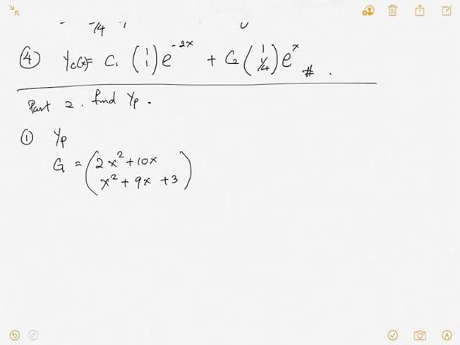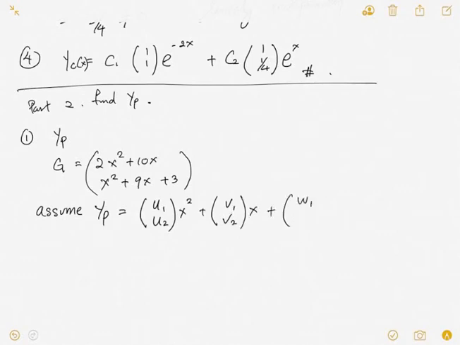So you assume YP is equal to U1, U2 x squared plus V1, V2 x plus W1, W2. This is from page 79. Now after you assume the YP, you check whether this YP is the same as the YC or not.